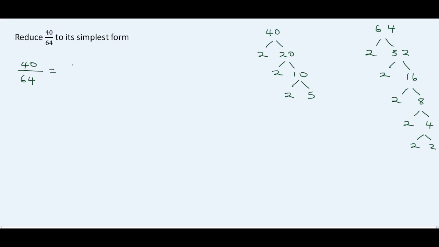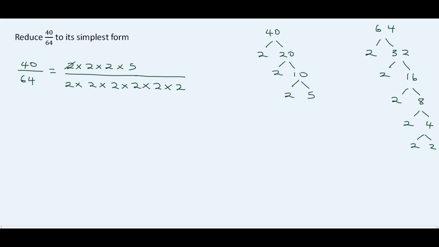So for 40 we have 2 times 2 times 2 times 5. 64 is 2 times 2 times 2 times 2 times 2 times 2. So now we're going to cross off terms that are common in the numerator and denominator.